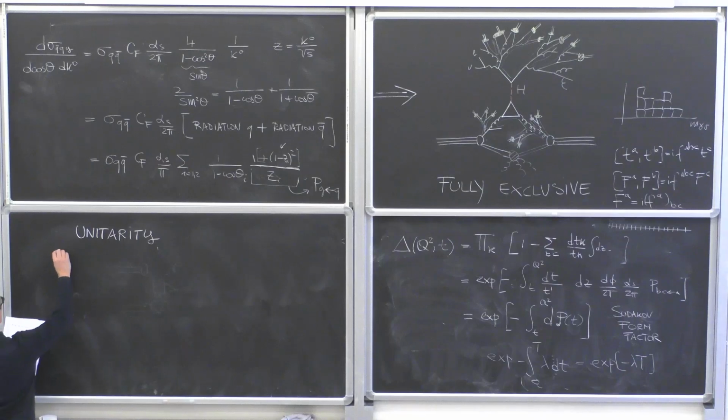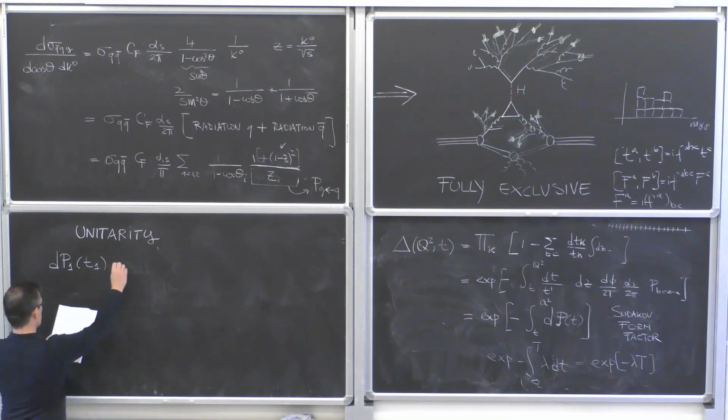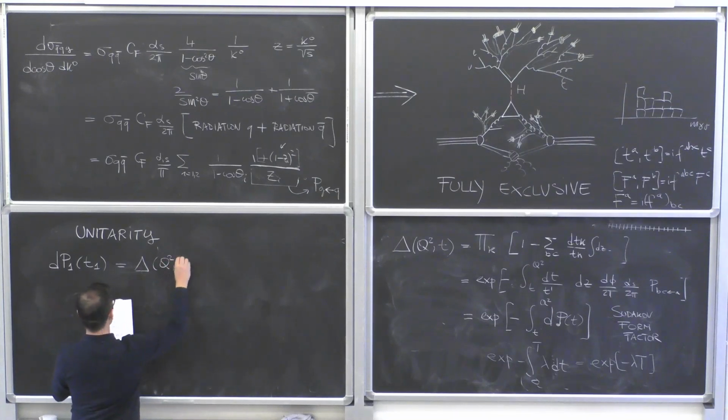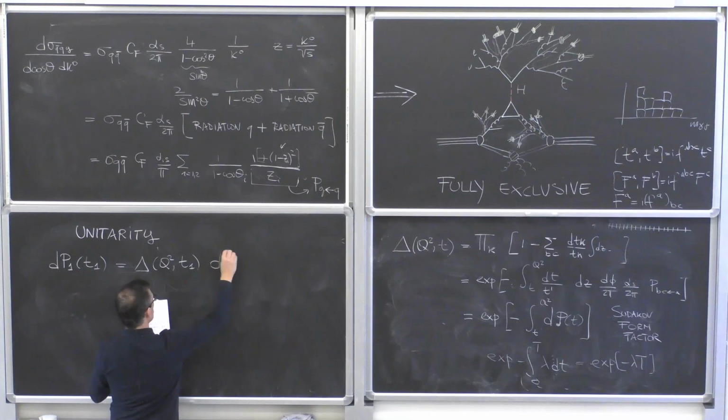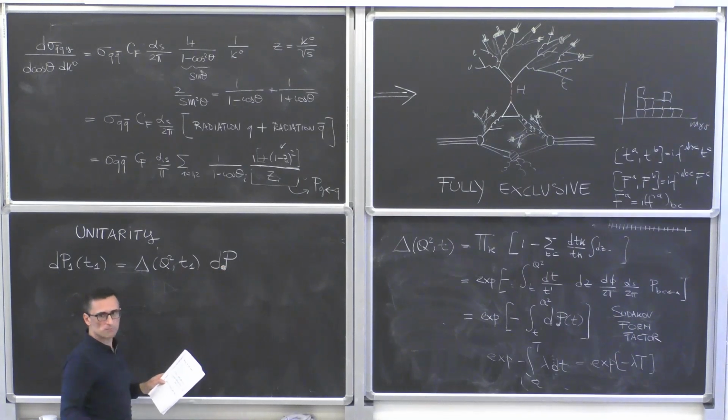It's actually interesting. The probability of emitting a particle at time t1 in the evolution is equal to the probability of not emitting anything up to t1, times this probability density, which I draw this way to remind myself that it is a density.